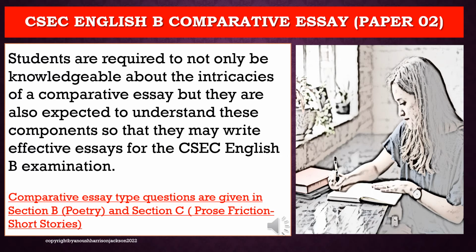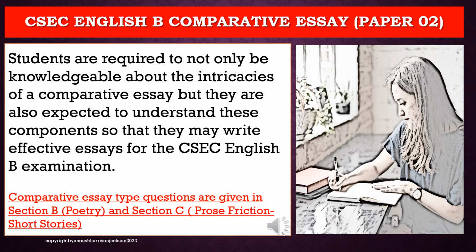English B comparative essay. Students are required to not only be knowledgeable about the intricacies of a comparative essay, but they are also expected to understand these components so that they may write effective essays for the CSEC English B examination.